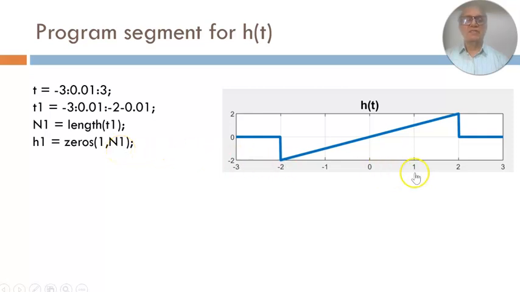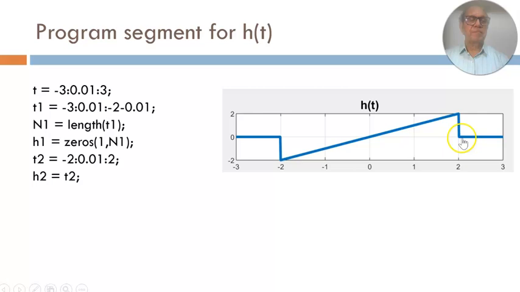Next we define the second time vector T2, starting from -2, with the same sampling time 0.01, and ending at 2. During this time ht is simply proportional to t, which in this case is T2, so H2 is equal to T2.